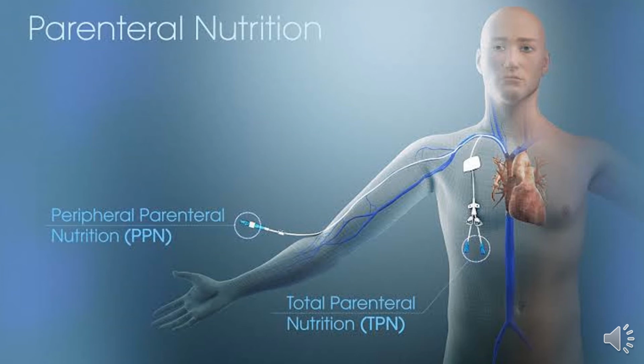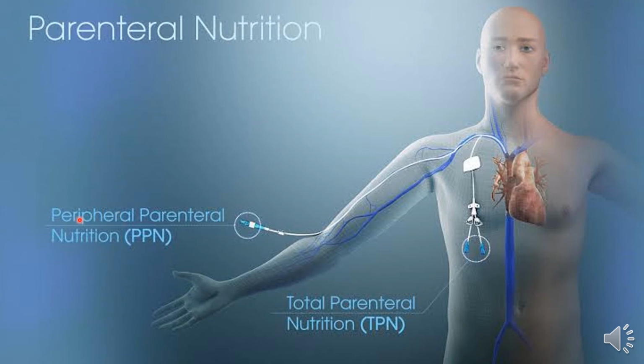This is a diagram showing parenteral nutrition. Here you have the peripheral parenteral nutrition, wherein nutrients are given via any of the peripheral veins. And then you have the total parenteral nutrition, wherein it's given through the central venous system.